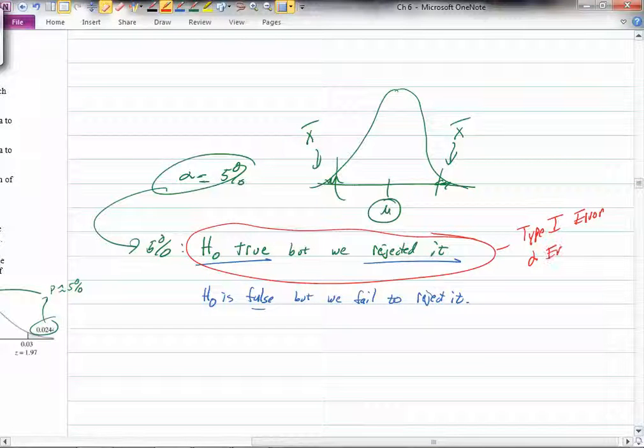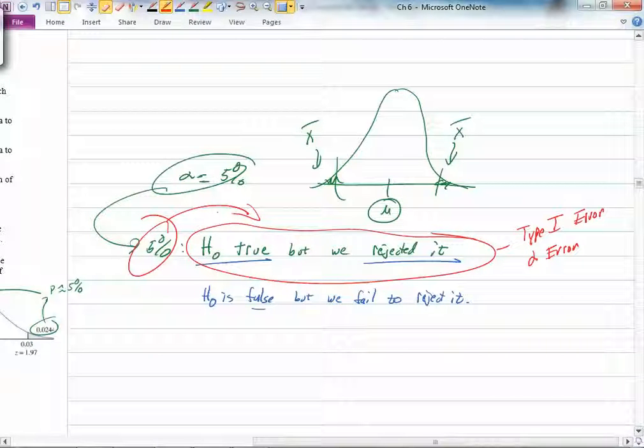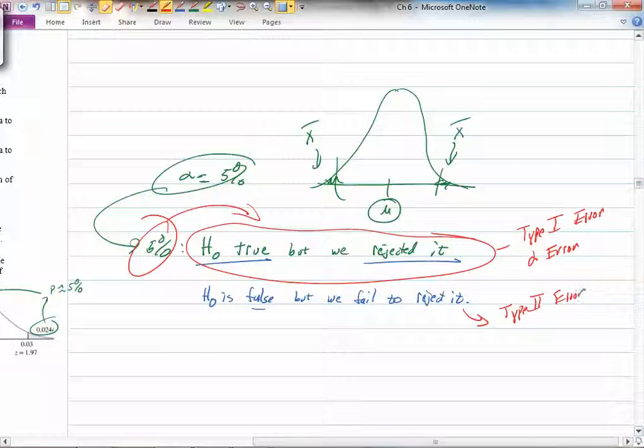Why would you think it is called alpha error? Yes, because alpha tells you how often this happens. And then this one is called type 2 error. And then we just say it's beta error.